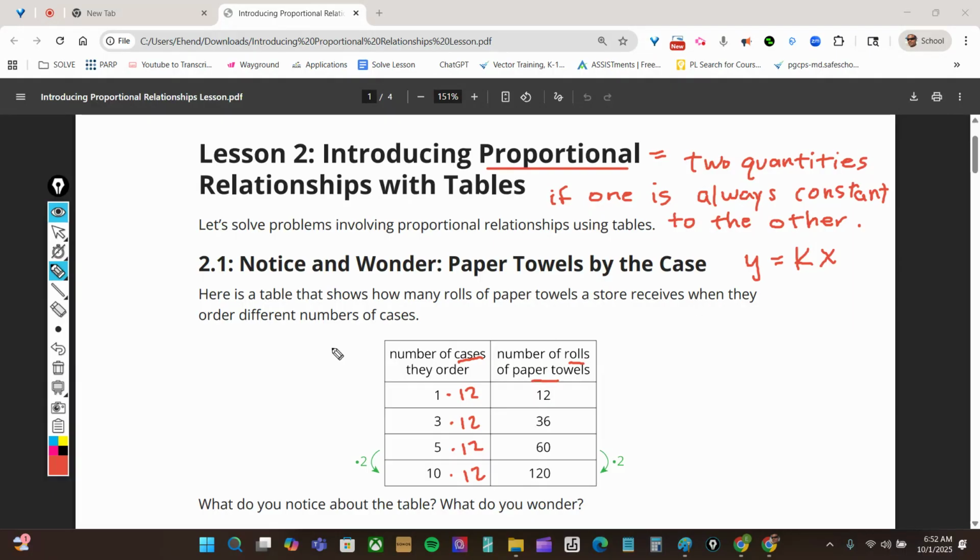All right. Now, that will make sense, okay, because right now this is the x column and this is the y column, and we are multiplying it times the constant. 12 is called the constant.